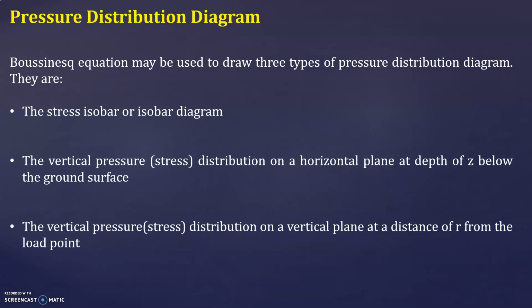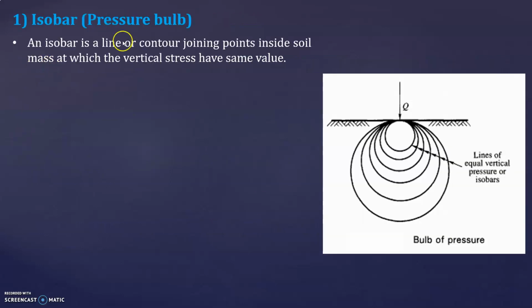The third one is the vertical pressure or stress distribution on a vertical plane at a distance of r from the load point. So these three cases you have to study, how to draw the pressure distribution diagram. Let us see the first one, that is isobar or pressure bulb.